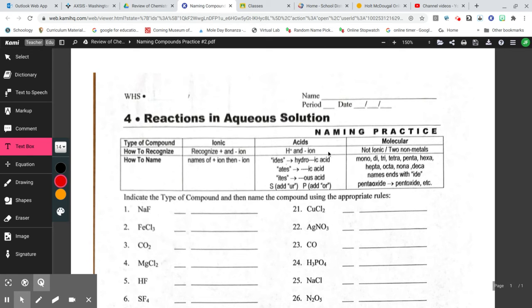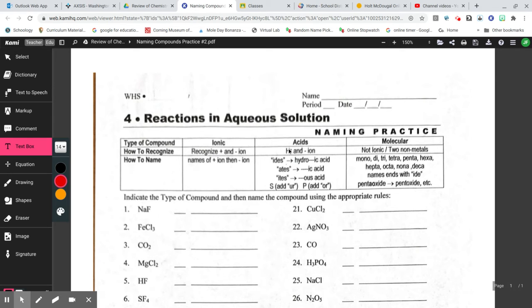How you know you're working with an acid is that you have hydrogen as the first part of your formula. So, yes, hydrogen is a nonmetal. However, that's how you know that you're working with an acid, because you're working actually with the hydrogen ion.